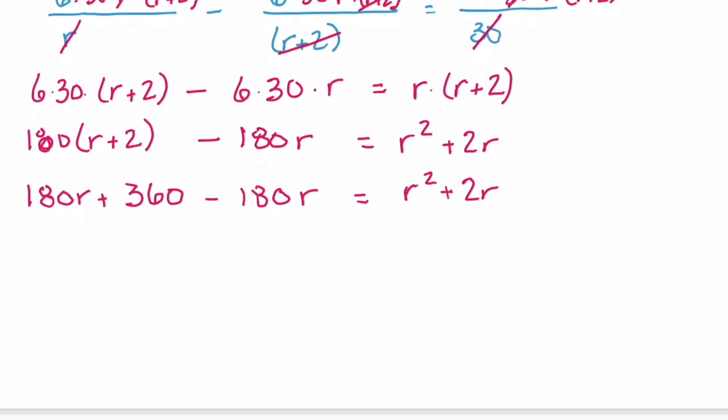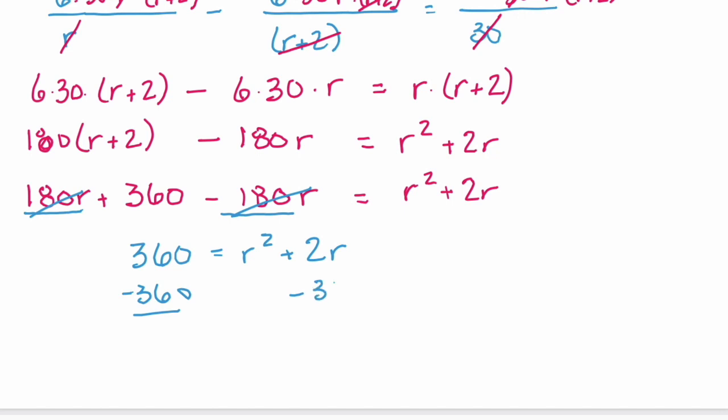Going back to the left-hand side, we're going to combine like terms. Notice we have 180r and minus 180r. Those combine and cancel out to 0, leaving 360 equals r squared plus 2r. Now we're going to subtract the 360 from both sides. And you'll see that we have r squared plus 2r minus 360 is equal to 0.